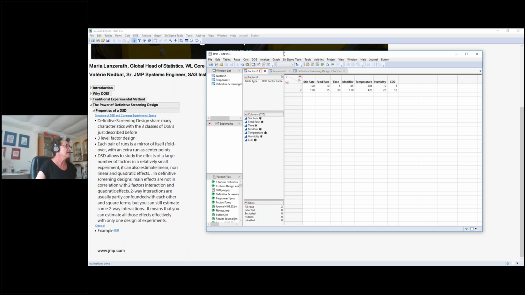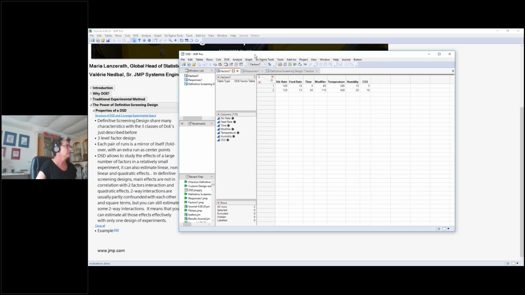Again, I have a quite simple example where we will build a DSD, or definitive screening design, with 7 different factors. We have here those factors: stir rate, feed rate, time, modifier, temperature, humidity, and CO2.